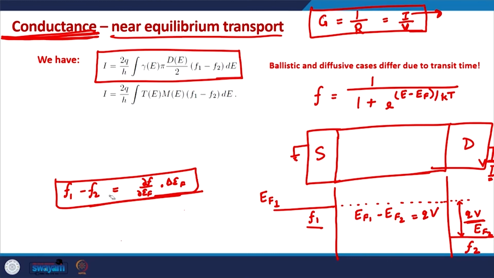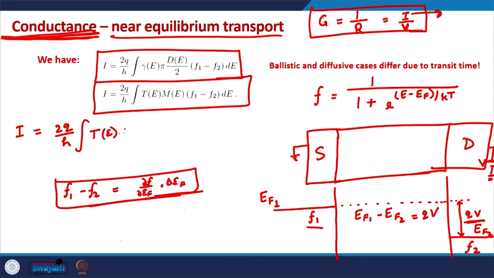So, we have F1 minus F2 is equal to del F by del EF times delta EF, and if we put this in the current expression, what we obtain is I equals 2q by h integral dE times M(E) into del F by del EF times delta EF into dE.